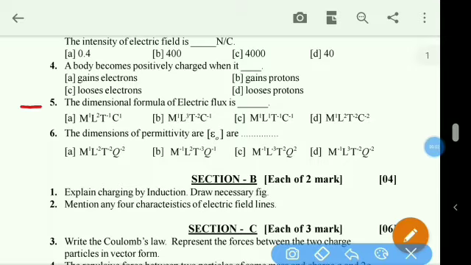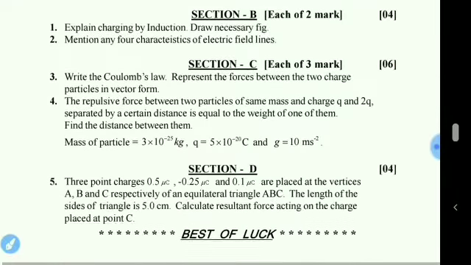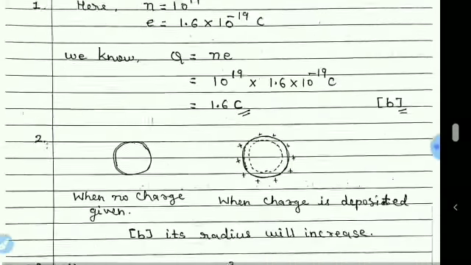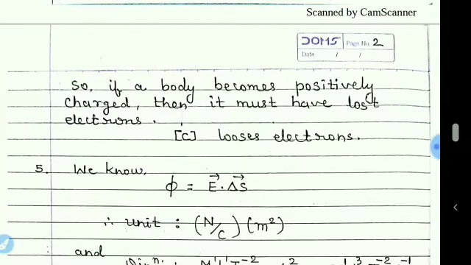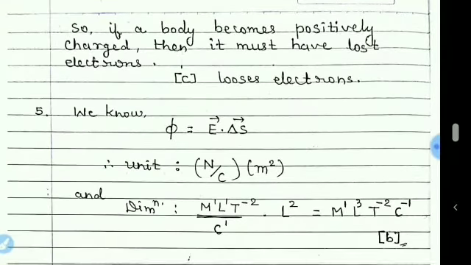Now MCQ number 5. The dimensional formula of electric flux is... Now students, we know that to find the unit or a dimension, a formula related to that physical quantity is required.